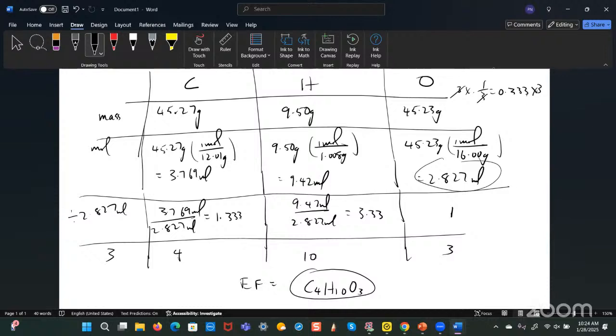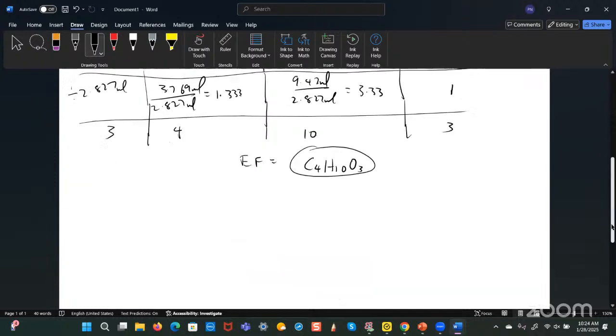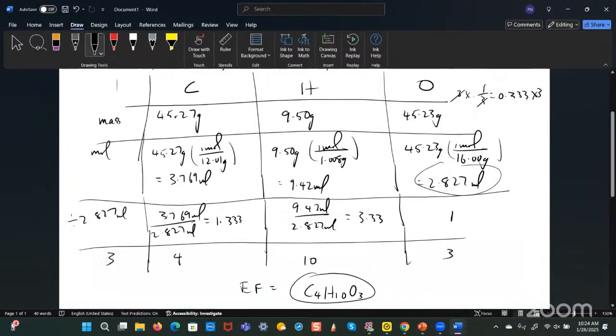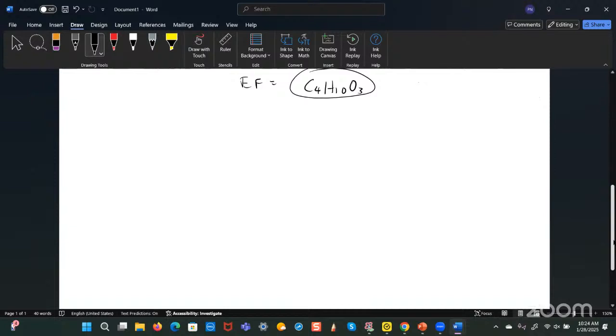If you have a recurring 3 after the decimal point, in fact, let me make a list here. If you have something like 0.333, then you multiply by 3.